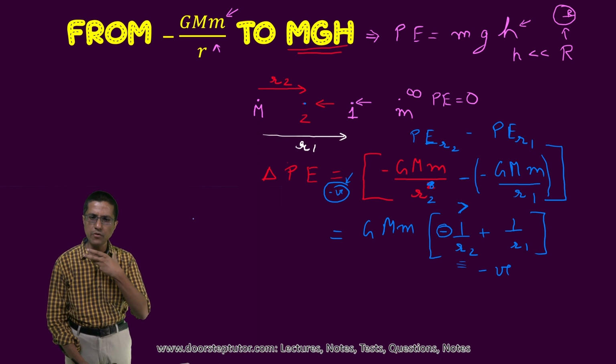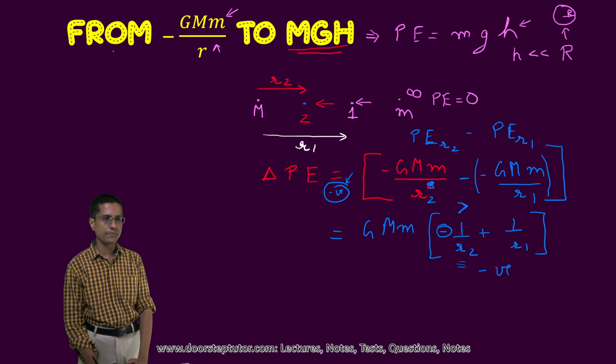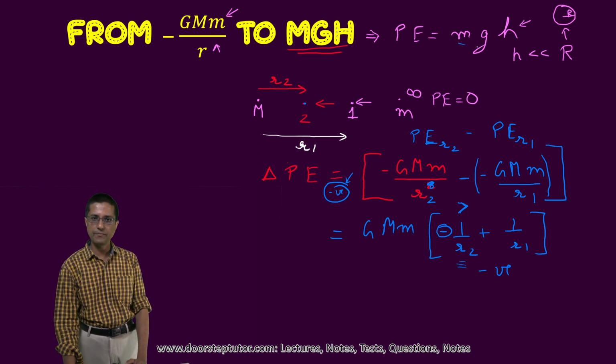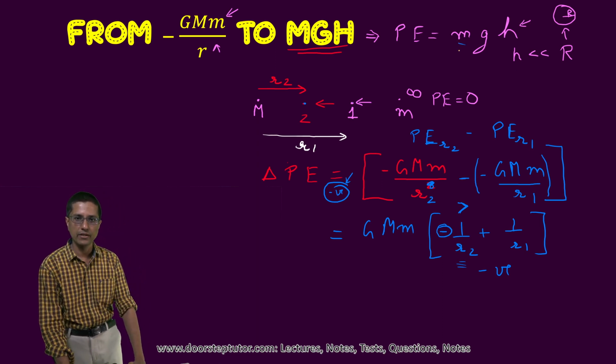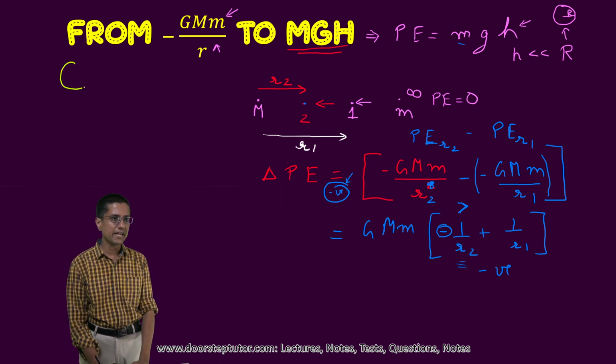Now we are just one little step away from coming to this formula, the mgh. So let's just do it now. Look at it. Understand that we have this earth, the radius of the earth, let us just assume that it is r, and then from this radius r the body is moving from this height h.